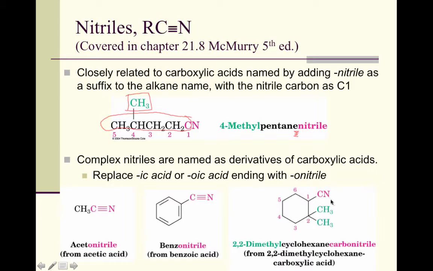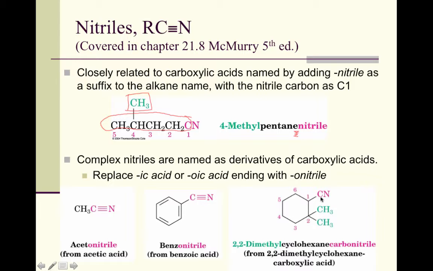This last example is a little more complicated. It also has the nitrile group on a ring. What we learn from this is when the nitrile is on a ring, the carbon itself is not carbon number 1. It's the carbon on the ring that it's attached to. And that's because the basis for naming comes from carboxylic acids. And when we had a carboxylic acid on a ring, we went ahead and changed the name to carboxylic acid.